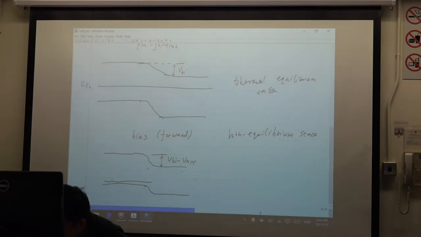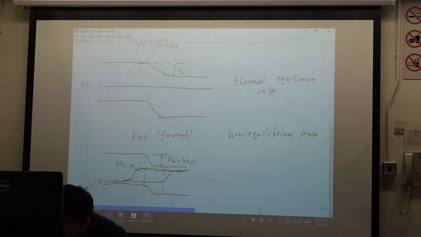They go down, and there is a depletion region, something like this. This is the P side, this is E_F P. For the N side, it's something like this. They go down here, and go down here. This is just E_F N.